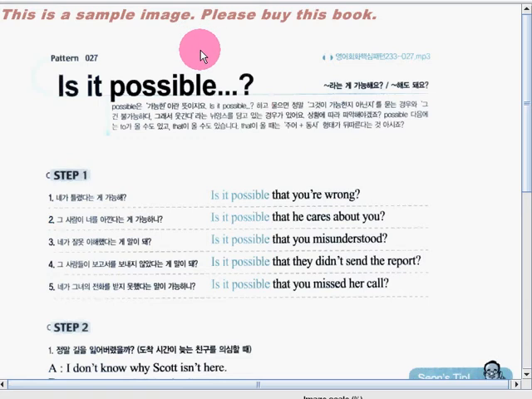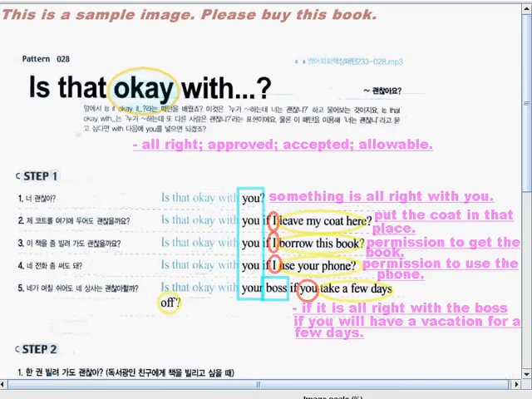Is it possible that he likes me? When you use that pattern, what you want to express is that you can't believe it, or you want to ask if it's possible that he likes you. Now let's go on to our lesson for today.